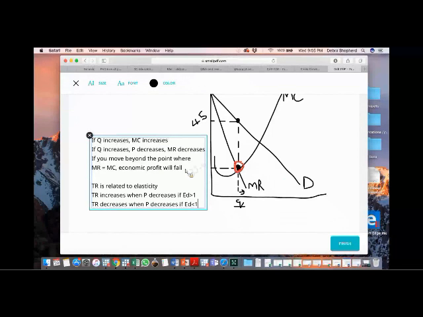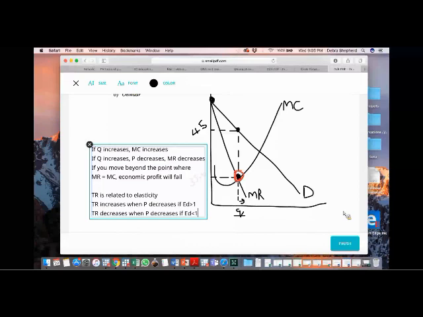What we know about monopoly demand curves and also monopolistically competitive demand curves is that they always produce and charge prices along the top half of their demand curve.